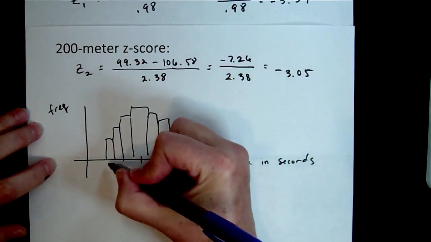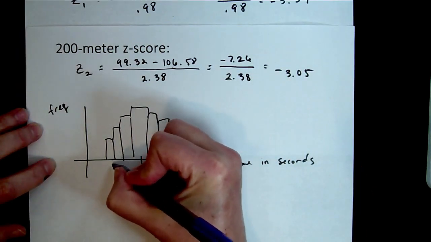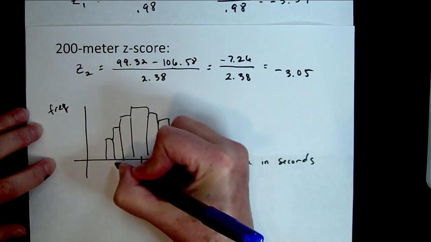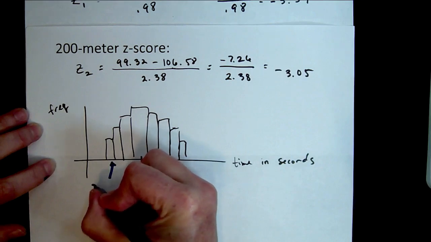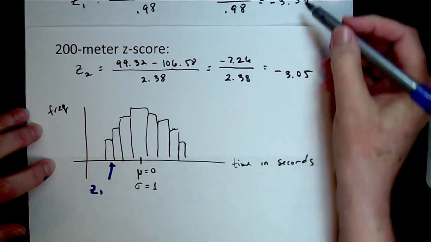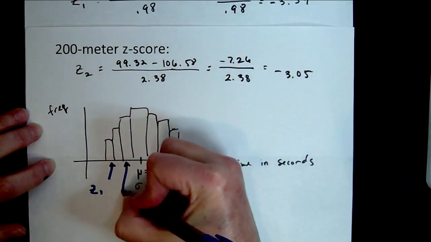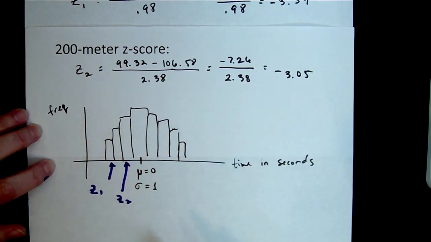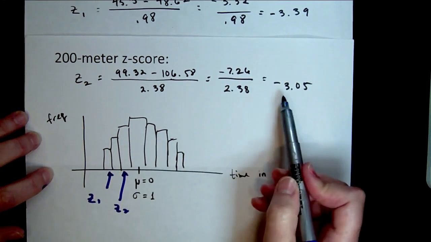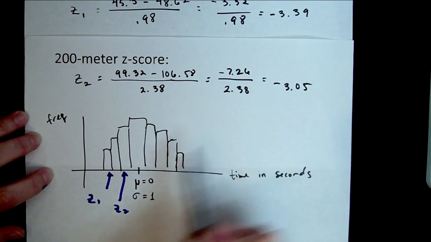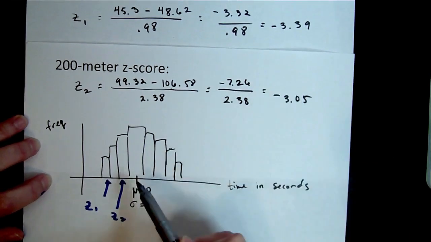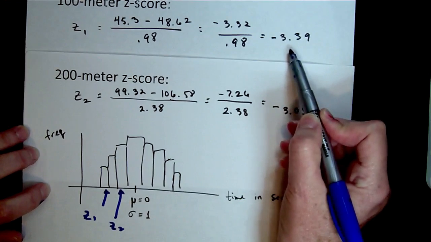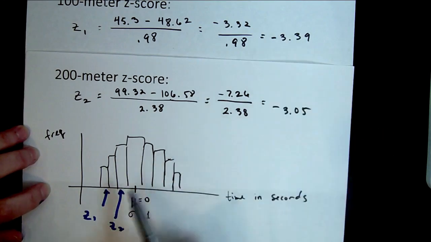And again, I'm just going to kind of randomly pick points in here. We've discovered that his z-score, let's say it's negative 3.39, that's our z1, so that's smaller than our z2. The distance between the mean and z2 is only 3.05 standard deviations to the left, whereas for z1, it's 3.39 standard deviations to the left, so it's further to the left.